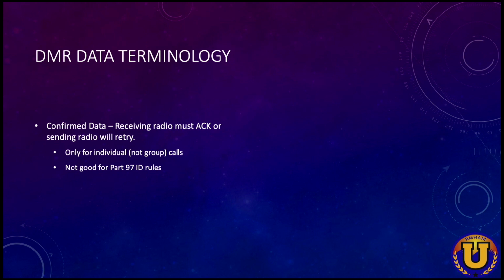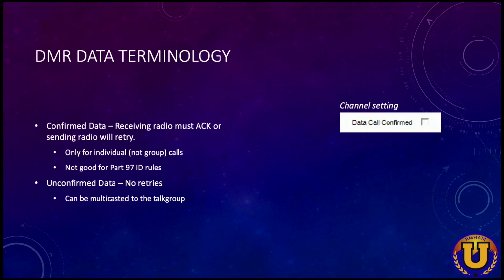Confirmed data, this is a setting you might have seen in your channel settings before. Most people don't know what that means. But when you have confirmed data going over DMR, that basically means that the radio on the other side is going to acknowledge that packet for you.